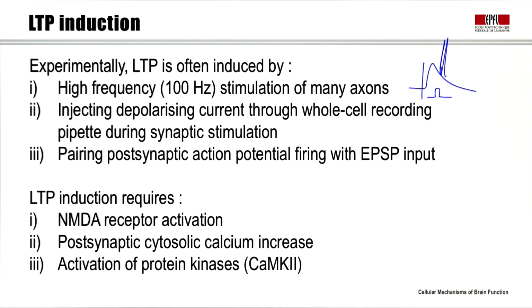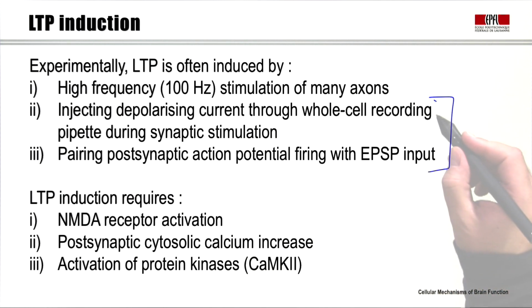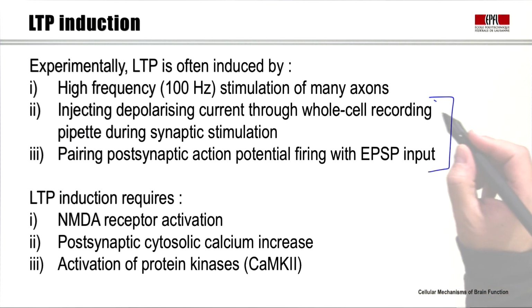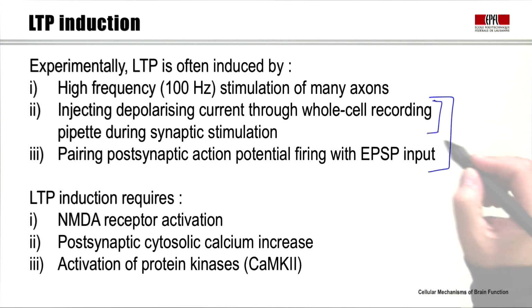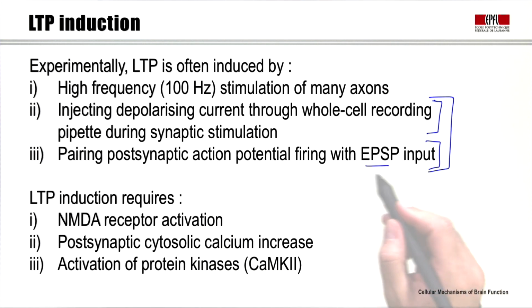And so there are two ways here in which we can depolarize the cell. One is simply just taking the membrane potential to depolarized potentials, and you may not need any action potential firing. Another way is to give brief current pulses to fire action potentials at the same time that an EPSP is arriving in the postsynaptic neuron.